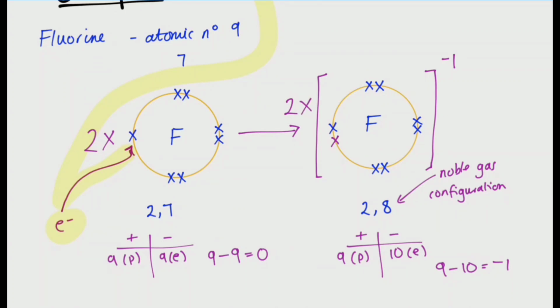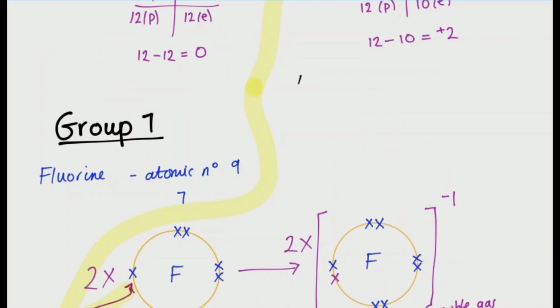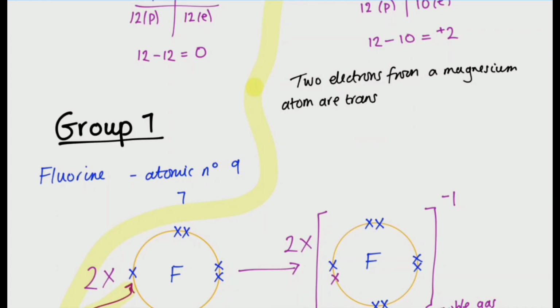So to summarize what has happened in this reaction, fluorine in the presence of magnesium, 2 electrons from a magnesium atom are transferred to 2 different fluorine atoms to form fluoride ions.